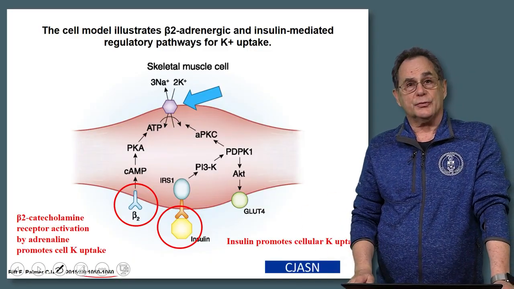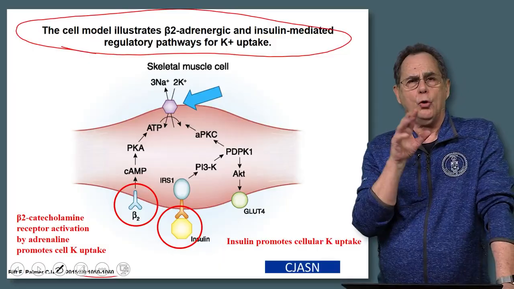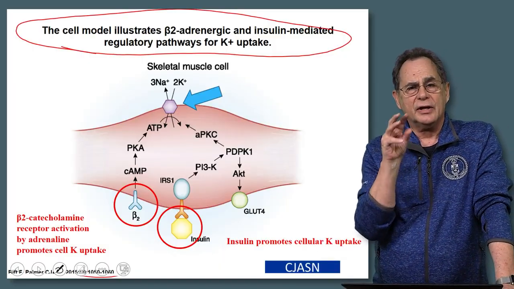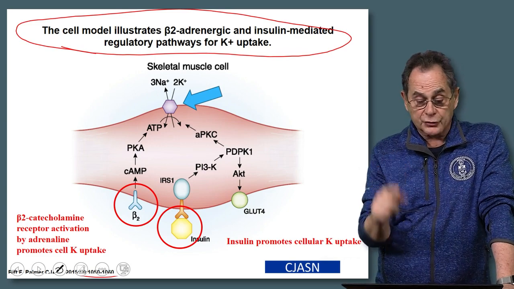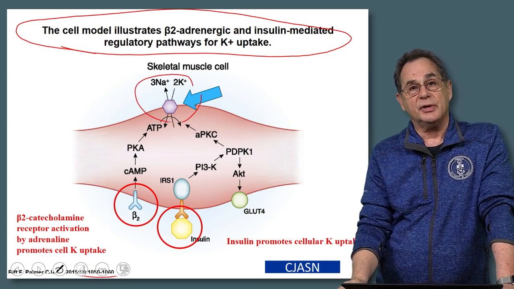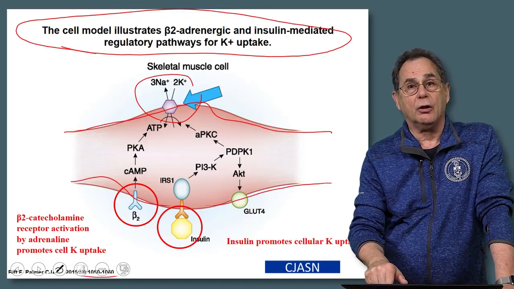What other factors? Well, this model demonstrates that there are two important hormonal mechanisms that influence the potassium distribution, other than, of course, sodium potassium ATPase. So this is meant to represent here a muscle cell.